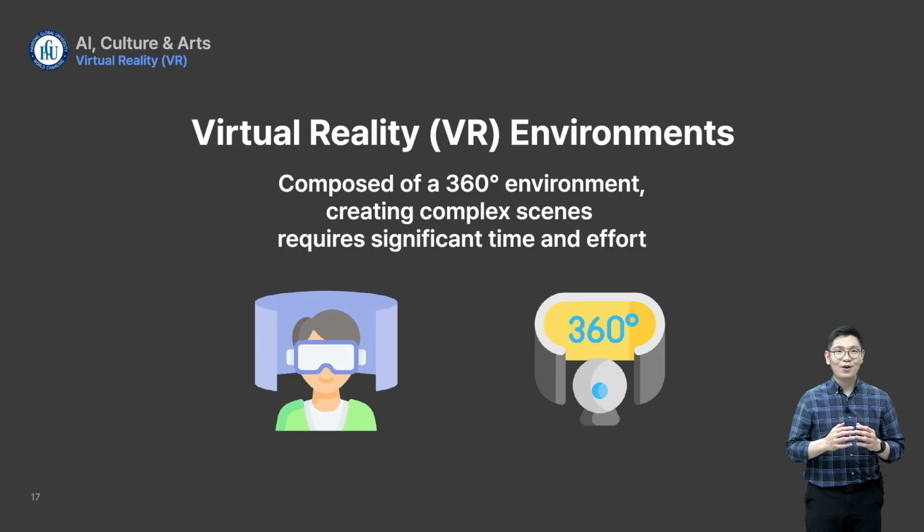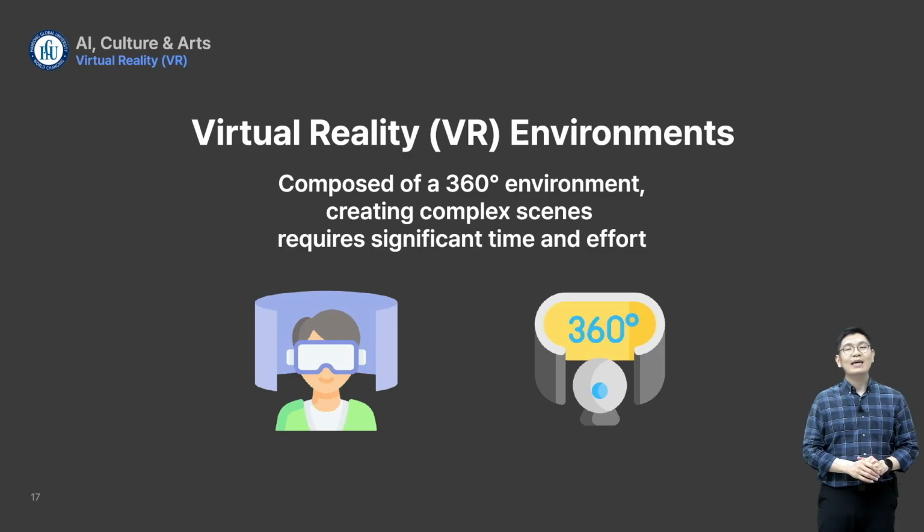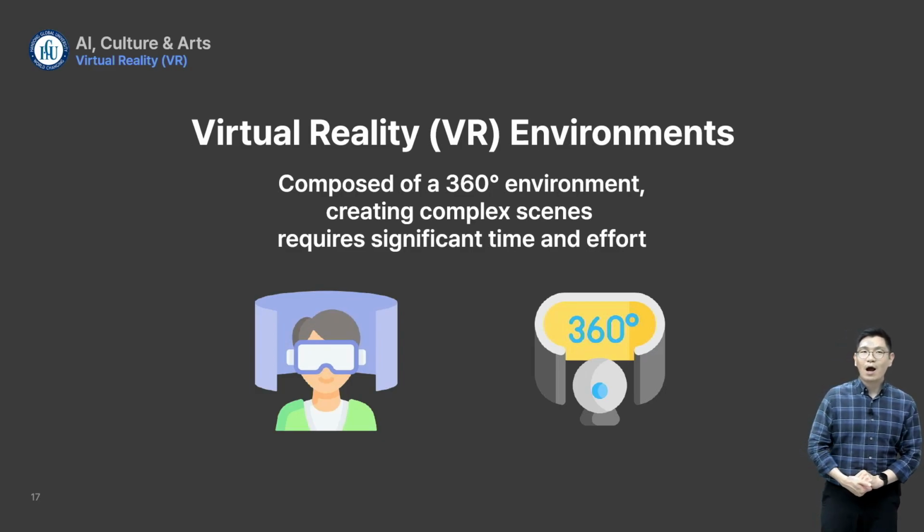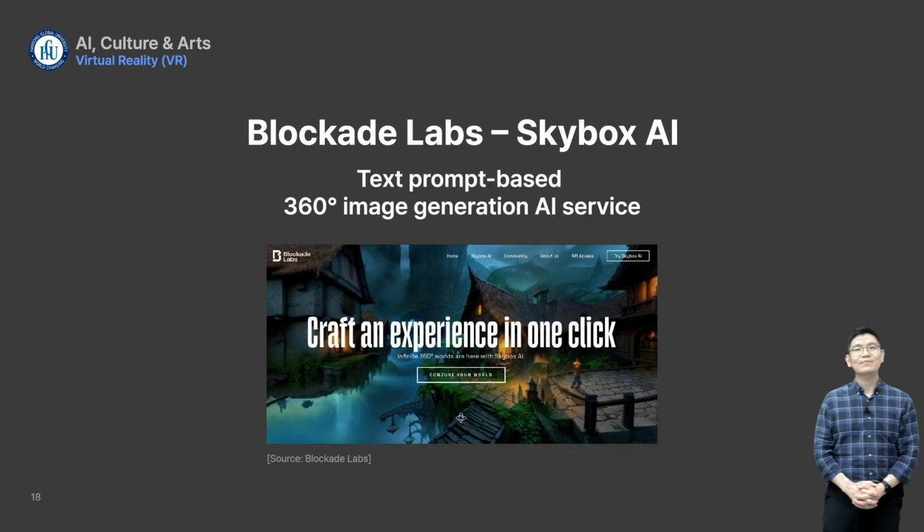As mentioned earlier, the VR environment is designed as a 360-degree space. It requires considerable effort and time to create due to its complexity. We are also exploring an AI tool that simplifies this process.